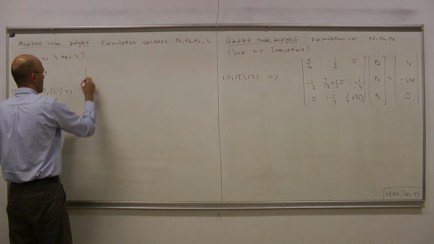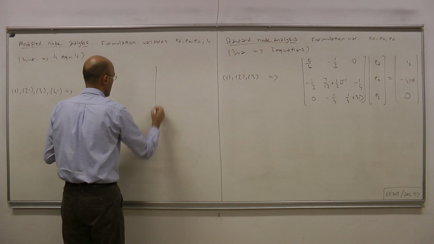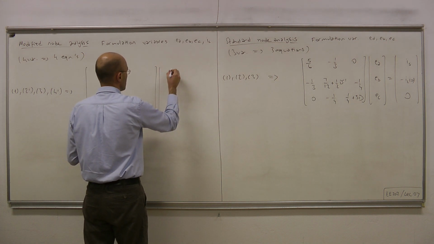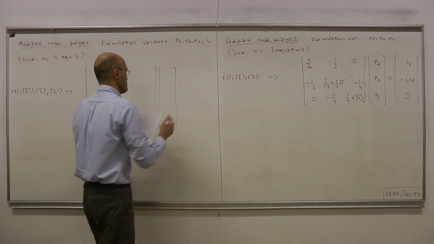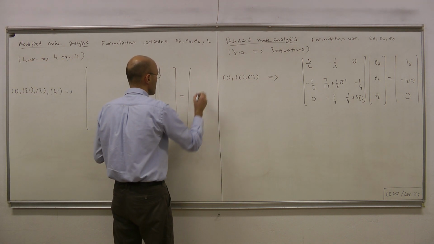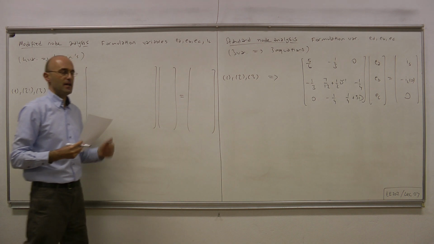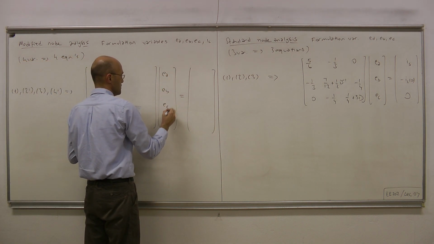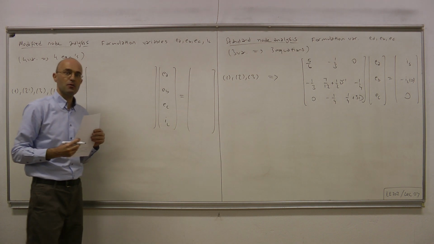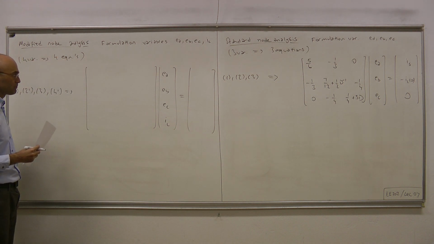Okay. And then we will have 4x4 matrix multiplying our 4-dimensional formulation variable vector that equals the right hand side. Okay. EA, EB, EC, and now IL is one of our formulation variables.